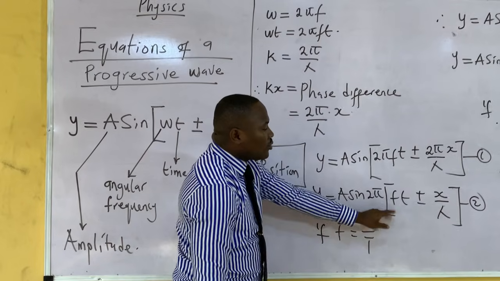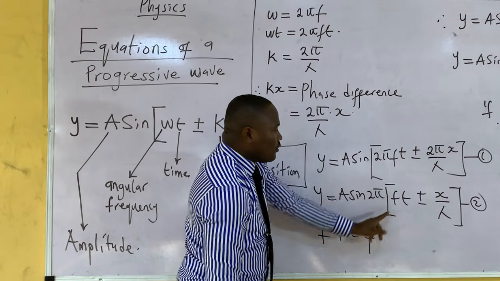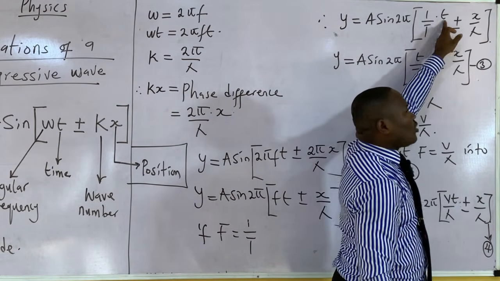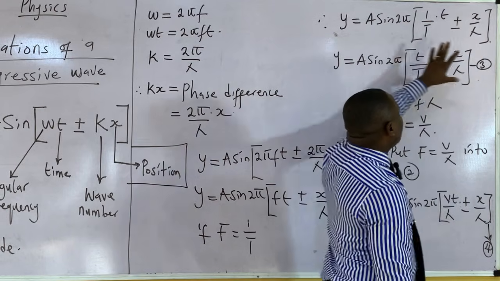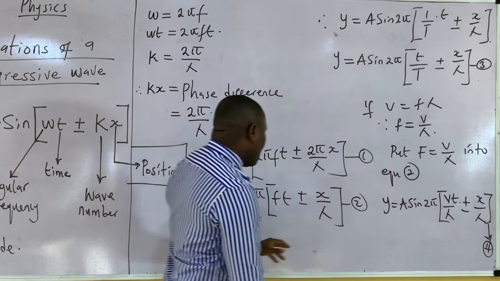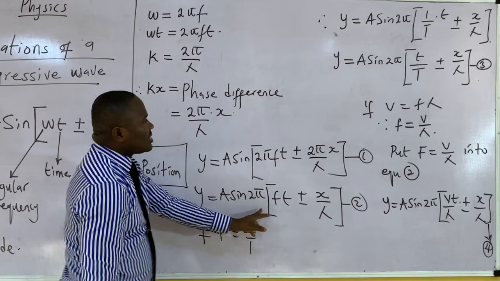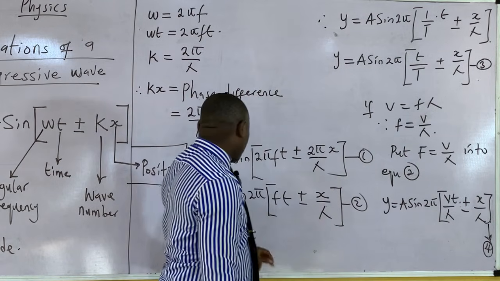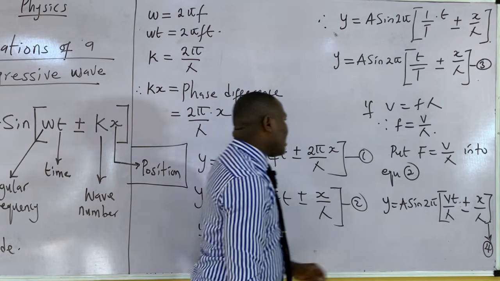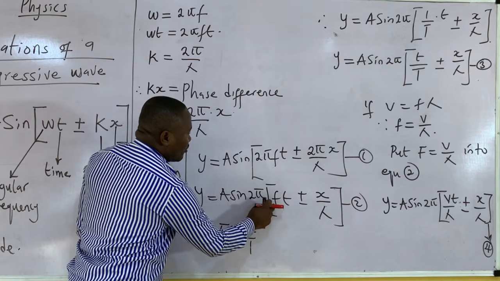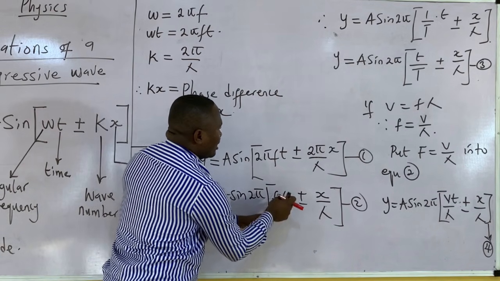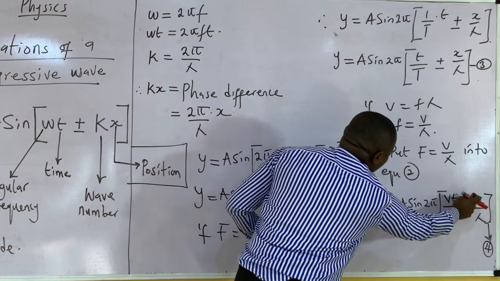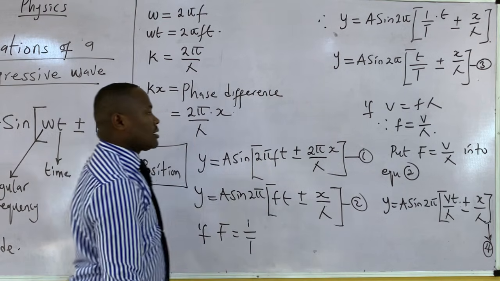So in the next formula, f is substituted for 1 over T, so we have 1 over T dot small t plus or minus x over λ. That gave us this. Then from this same formula again, we substitute f, putting in v over λ. And so we have here v over λ times t, which is your time, plus or minus x over λ.